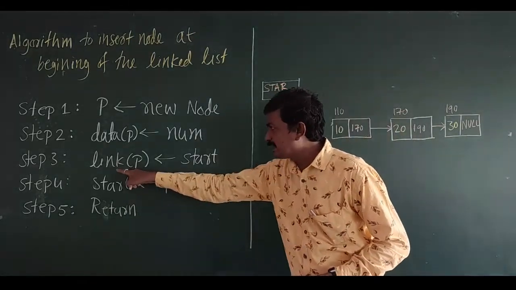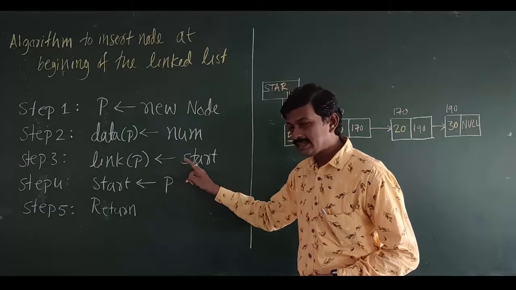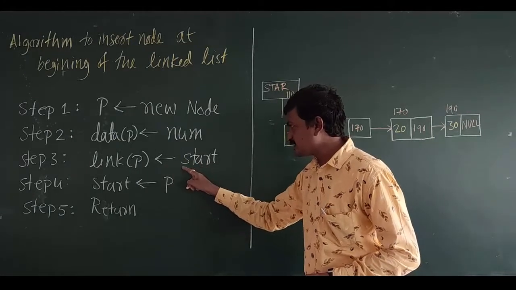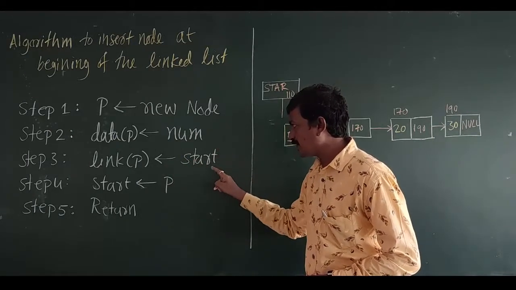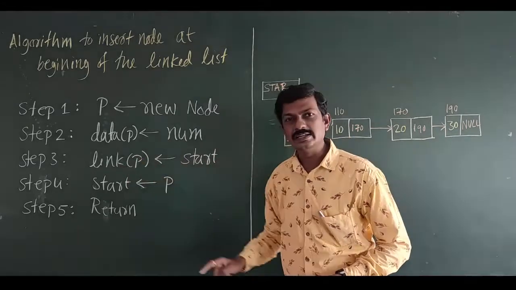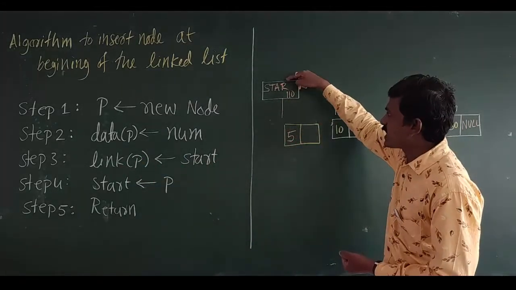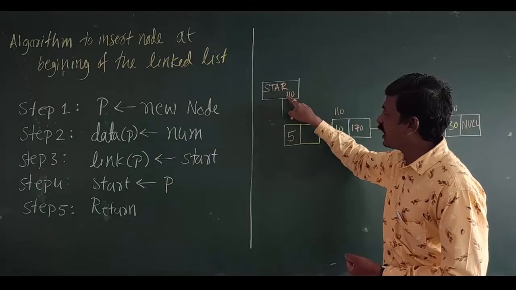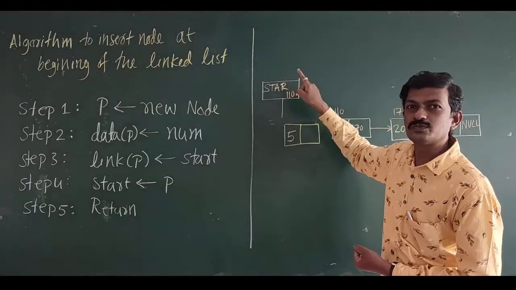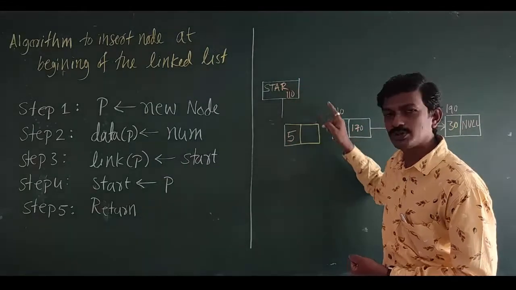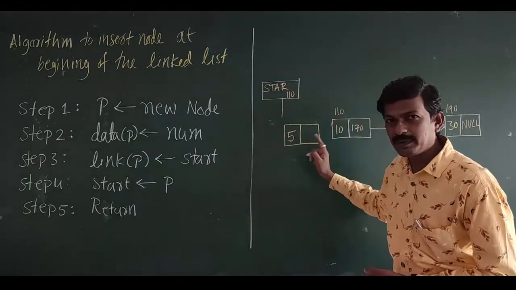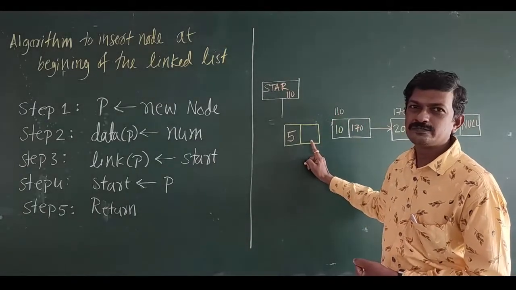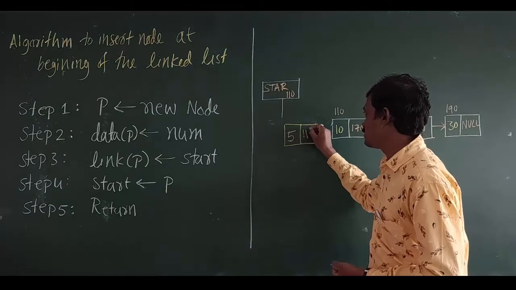Next, link of P: whatever the start pointer contains, that value should be assigned to link of P. The start pointer contains the value 110. This 110 should be assigned to the link part of this new node.